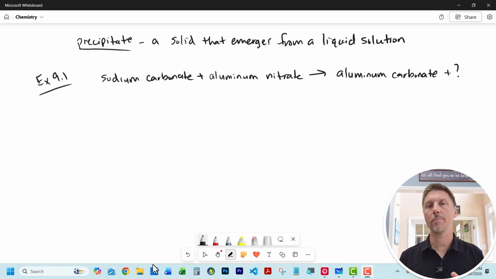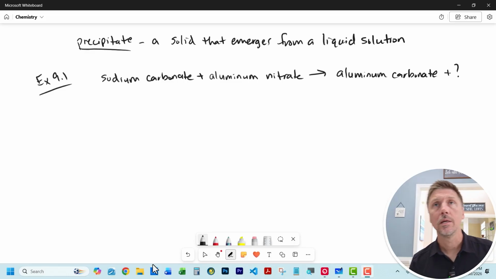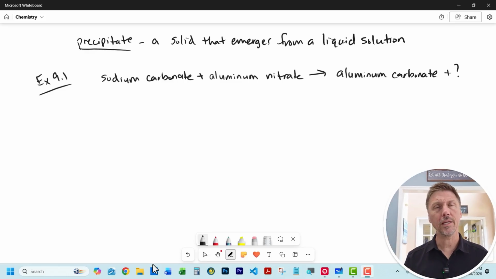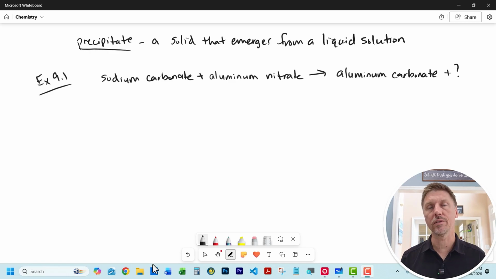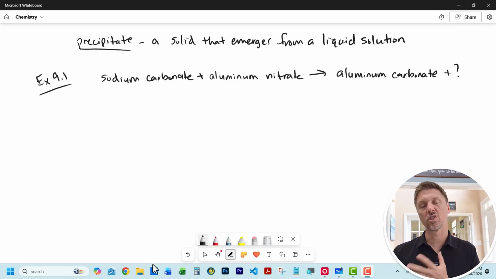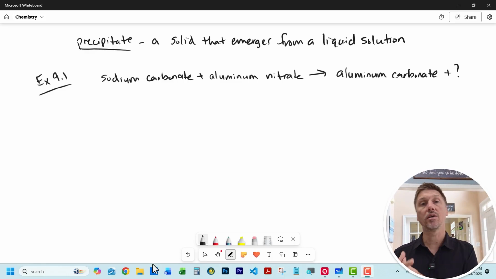And so what happens is you can have a liquid solution with an ionic compound dissolved in that solution. And if there are other ions present, then that ionic compound is so strongly attracted to those other ions that it will actually bond with them.